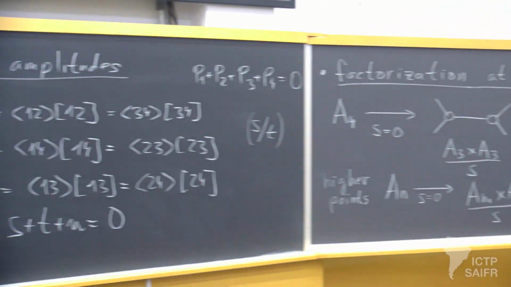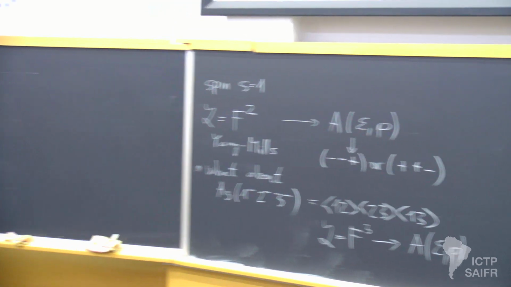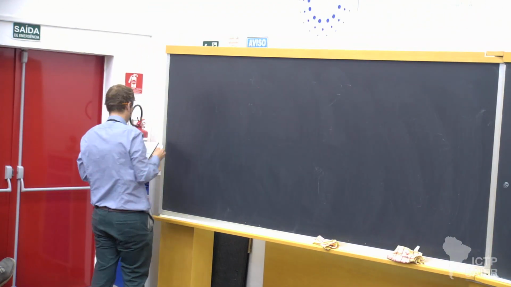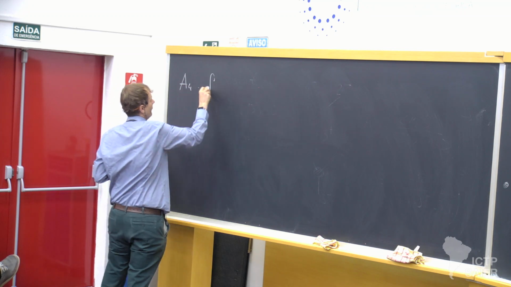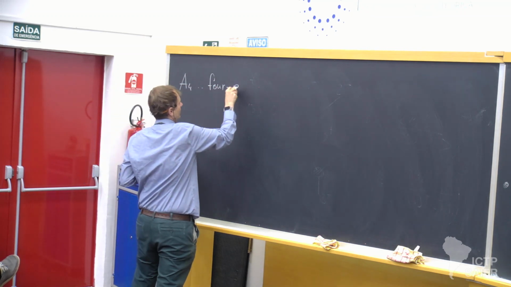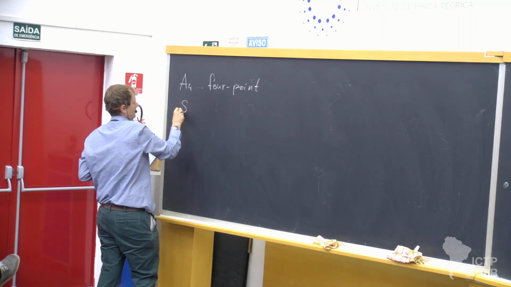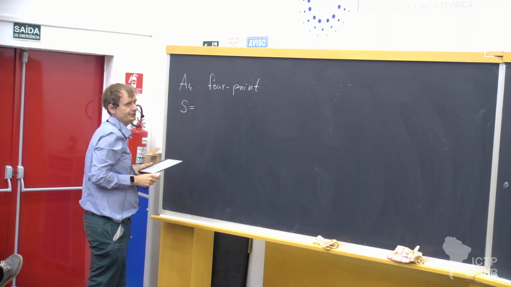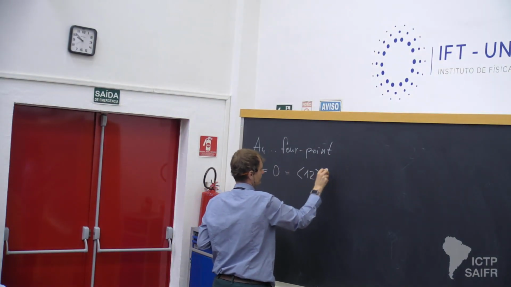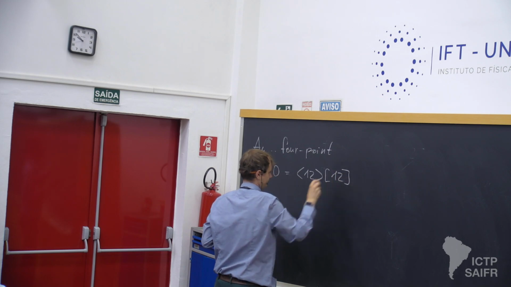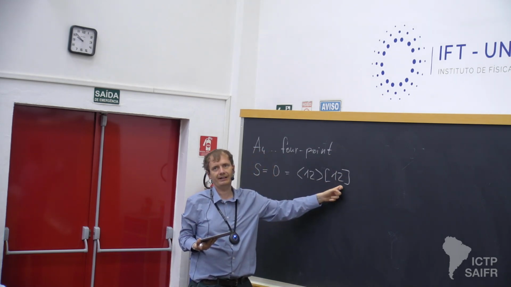Okay, good. So let me repeat it again. We have a 4-point amplitude. Now we set S equals 0. And now we have to decide if we set to 0 this factor or this factor.